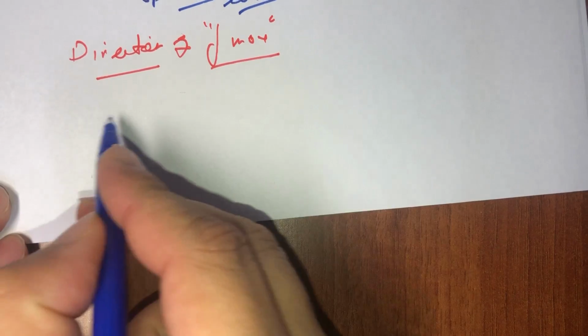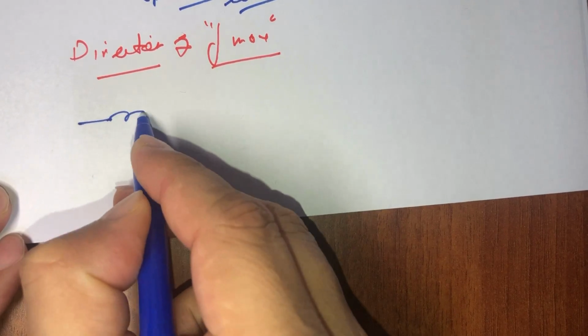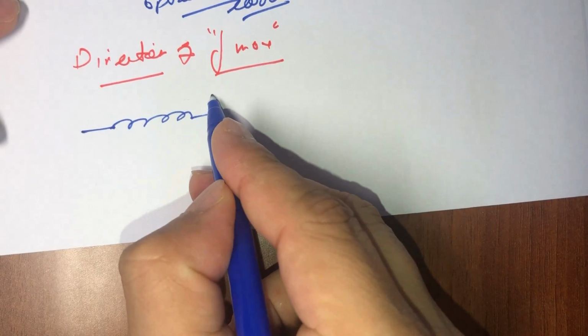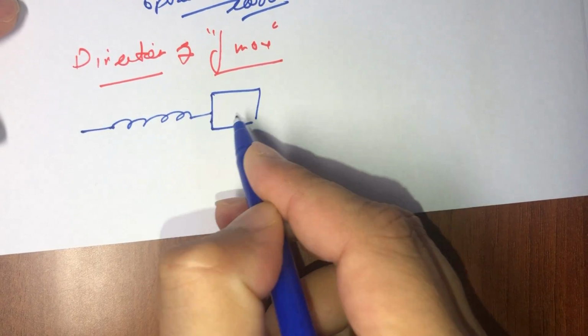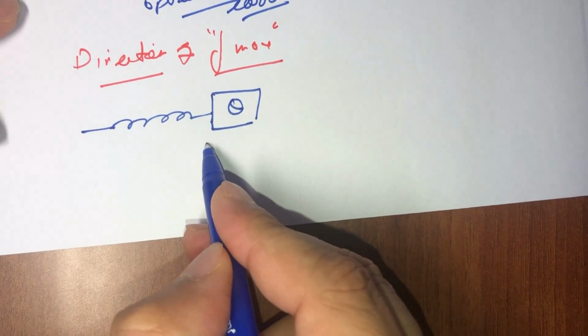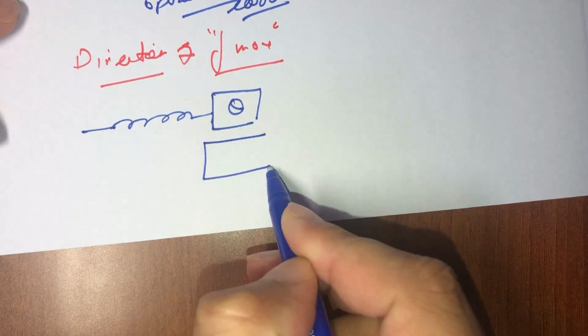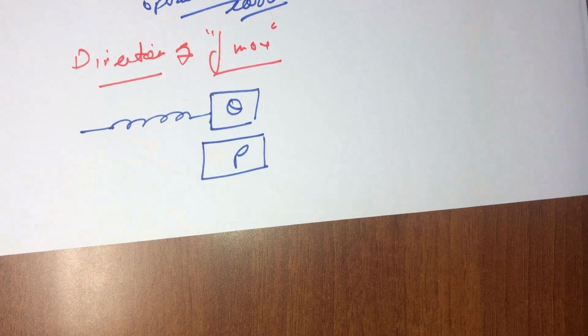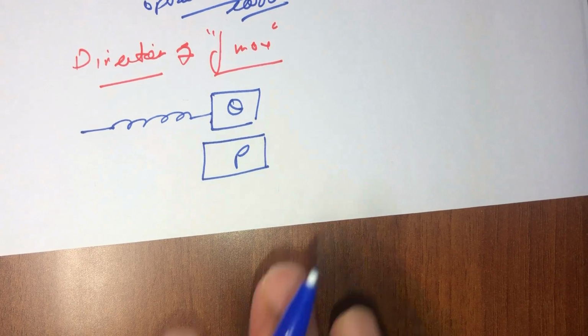So we have a spring and we have a body Q, and we draw P by keeping a slight gap between them so that we can easily represent the forces.